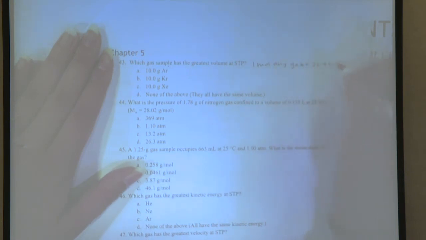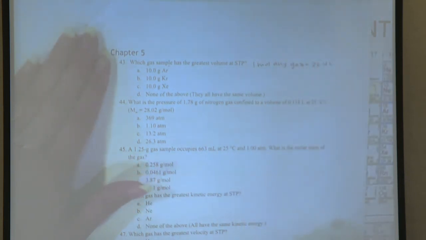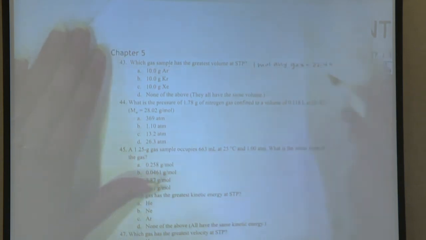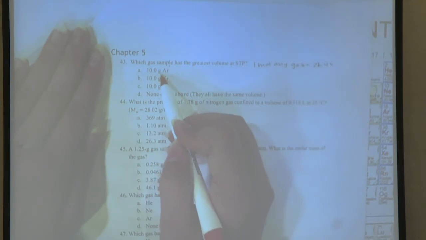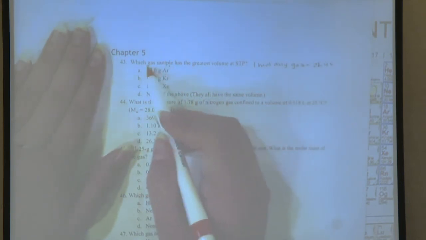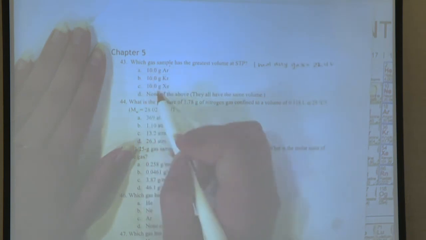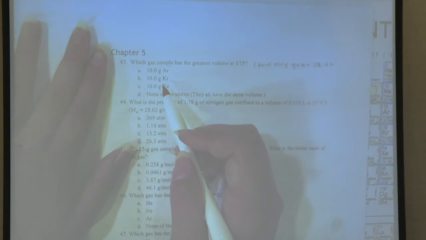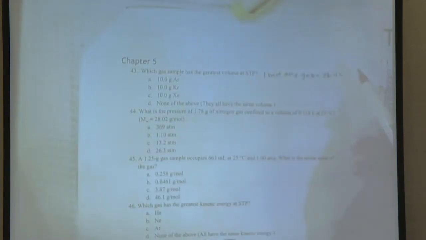It doesn't matter what kind of gas it is. 1 mole of any gas is going to occupy 22.4 liters, right? So this is confusing because this isn't in moles, it's in grams. So although they look similar in the way that they're presented, when we convert them to moles, they are going to have different numbers or different volumes that they take up, right?